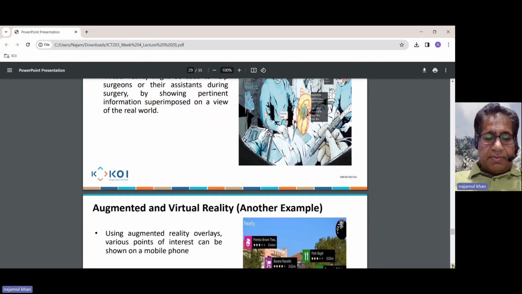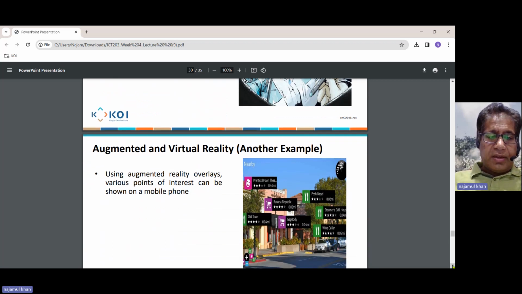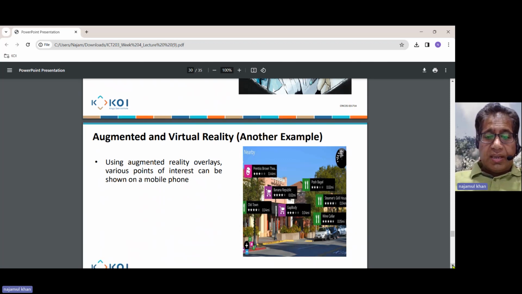Okay, now another example here, guys. Using augmented reality overlays, various points of interest can be shown on a mobile phone screen. Maybe on your mobile phone screen, it's showing you eating places, if you want to go for dinner or lunch. That's also an important thing. So these augmented reality and virtual reality tools are here to play a powerful role in our lives, and they have already started to.